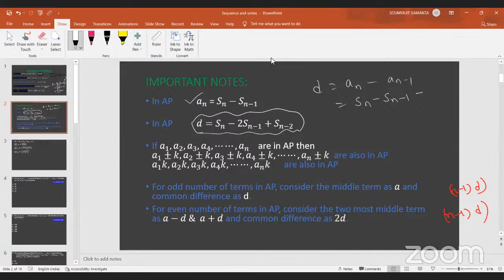Minus, and what about a of (n minus 1)? A of (n minus 1) is nothing but, in this form, you just put n equal to n minus 1, you will get S(n minus 1) minus S(n minus 2).